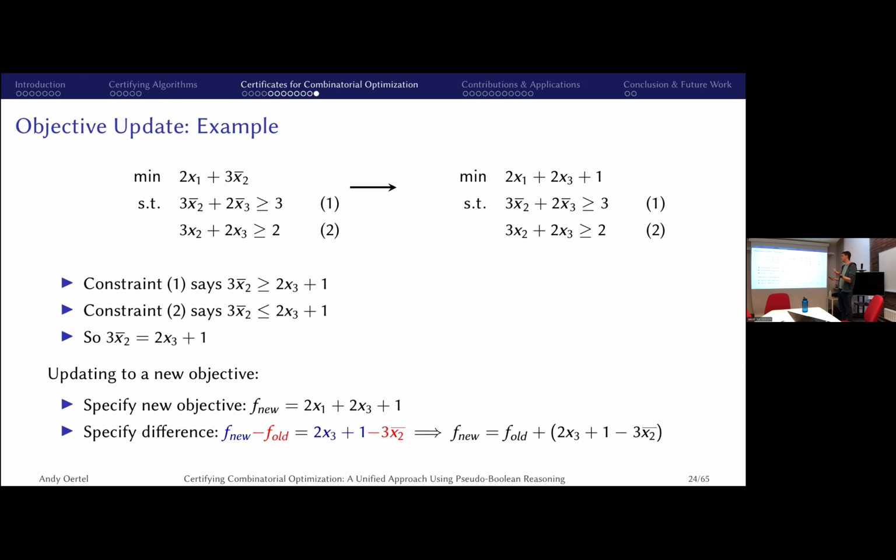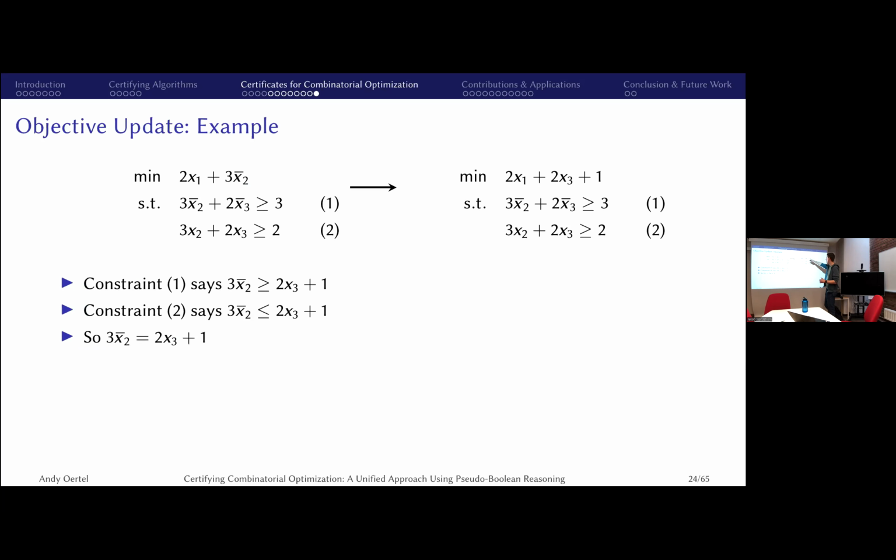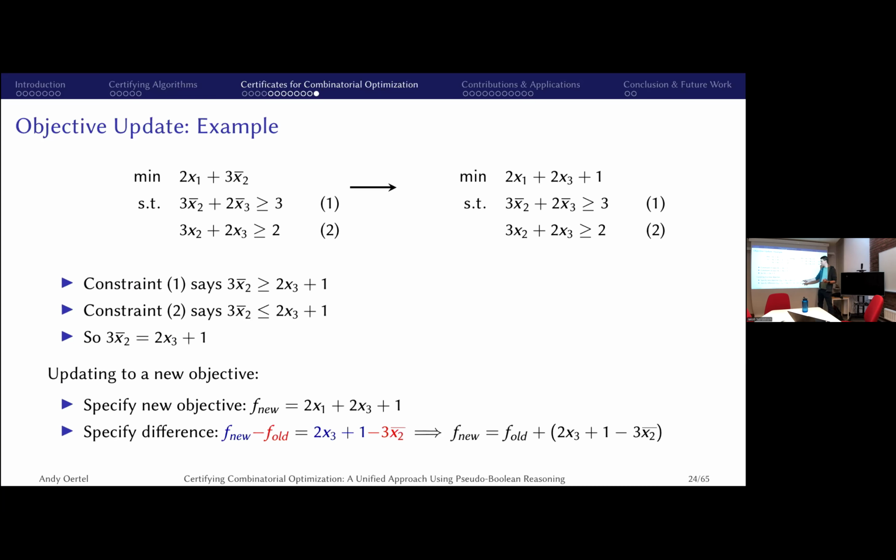And using this equality, we can basically do a substitution of our objective, changing our objective to the one on the right-hand side. To specify the objective change, one can either just state the new objective, that is 2x1 plus 2x3 plus 1, or we specify the difference.